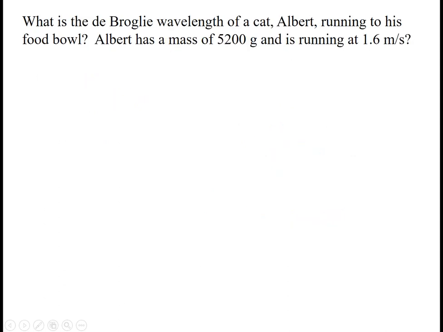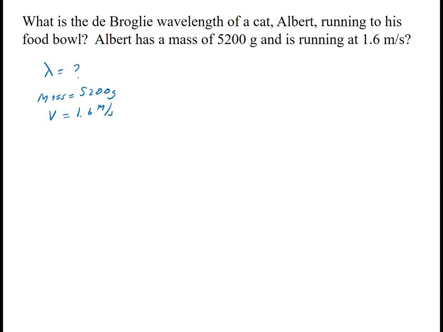Okay. Here's another example of something much bigger than an electron. Albert is a cat. And what is his wavelength when he runs to his food bowl? So again, it wants to know what the wavelength is. I have a mass of 5,200 grams and a velocity of 1.6 meters per second.